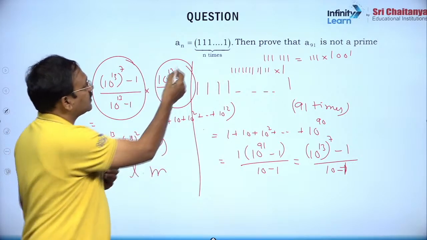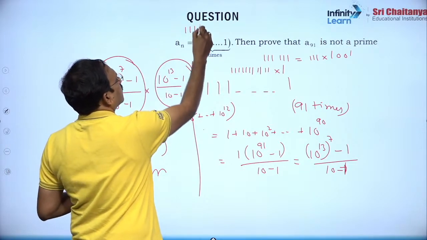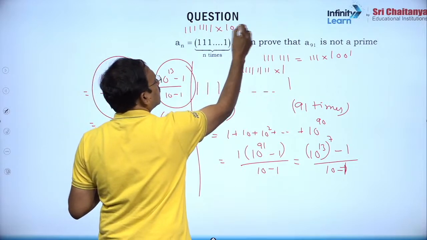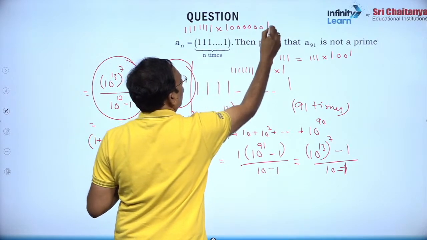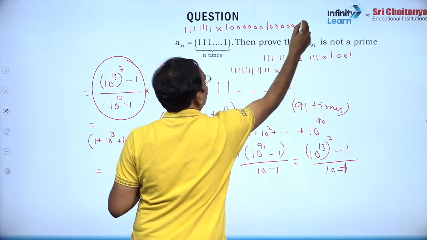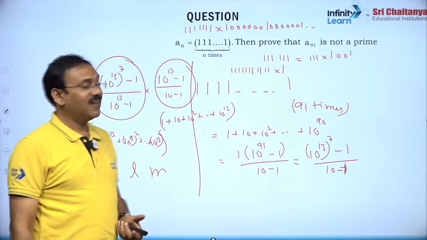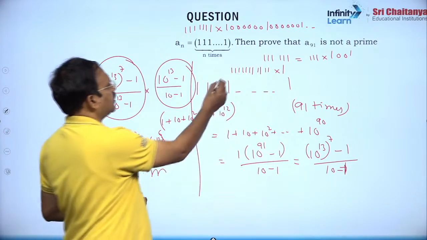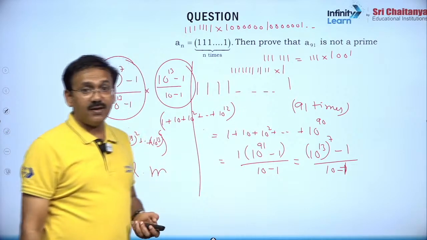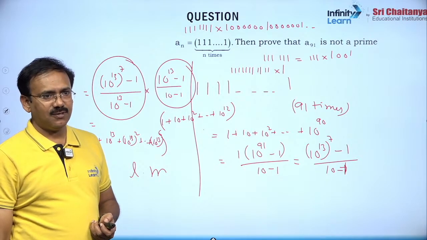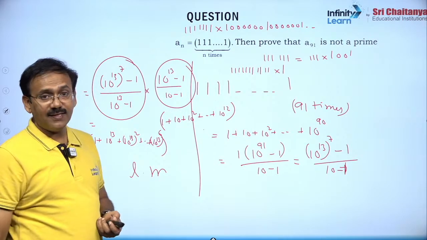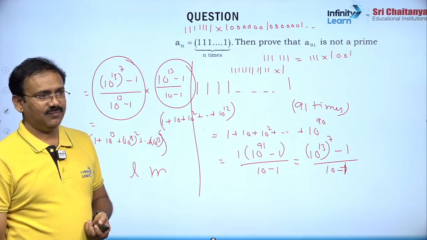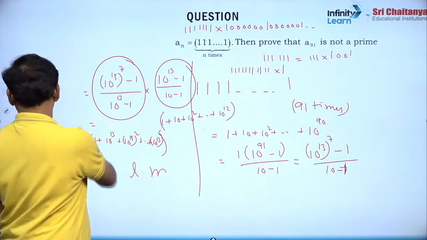Then you can take 7 ones as 1 unit, 7 ones is a common factor. If you take 1 6 zeros, 1 6 zeros, 1, like that you will get, my dear friends. In that way we are successful in finding the factors of this. Since 91 is 13 into 7, 7 ones is a factor of this. Hope you have enjoyed this question. Did you, dear students?